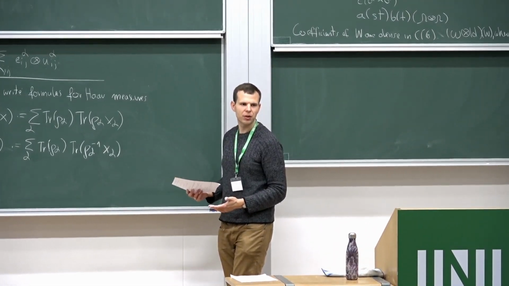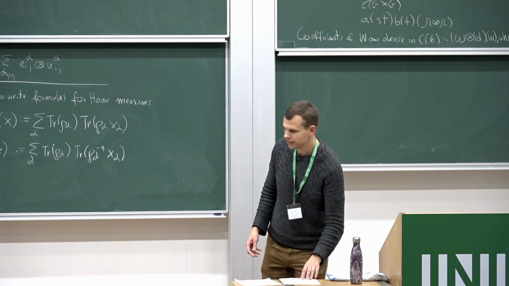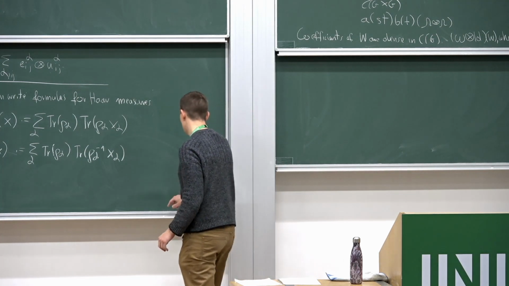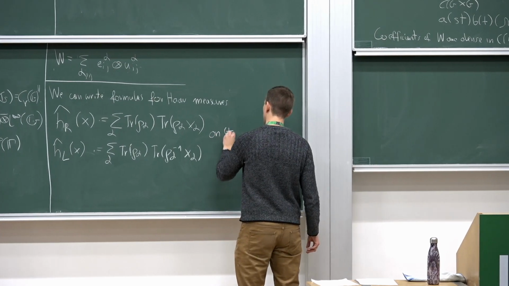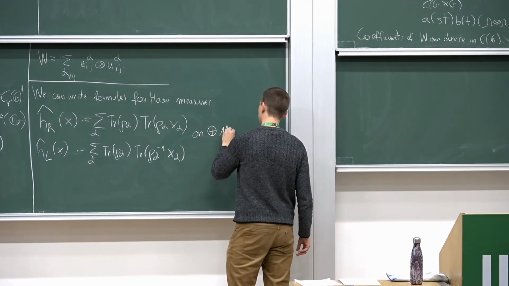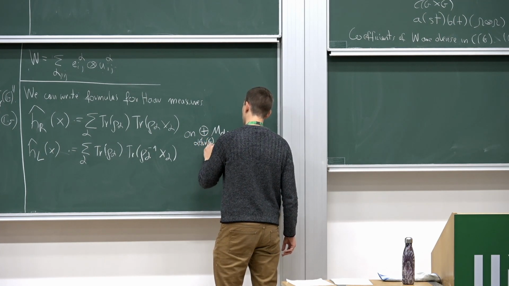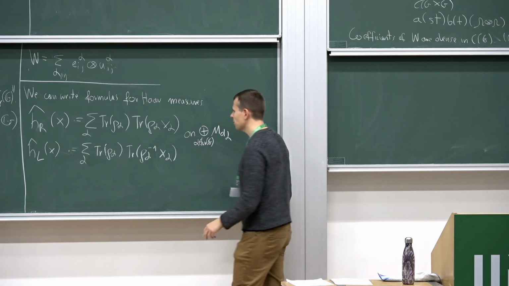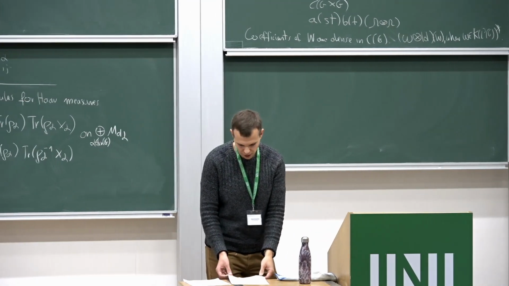When it's a weight only to L infinity of gamma, sorry, formally on this algebraic direct sum. But it's like a nice weight on the infinite direct sum as well.